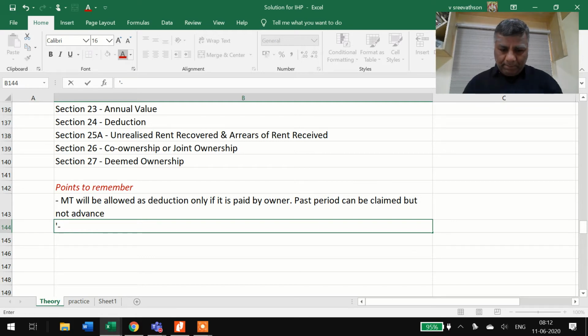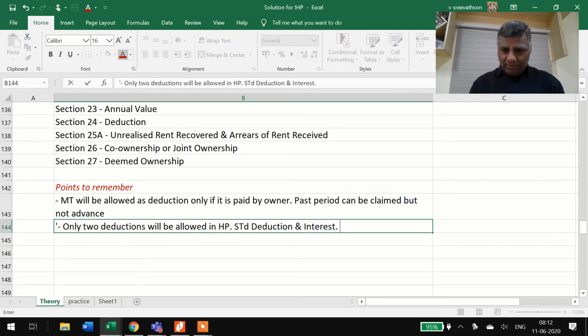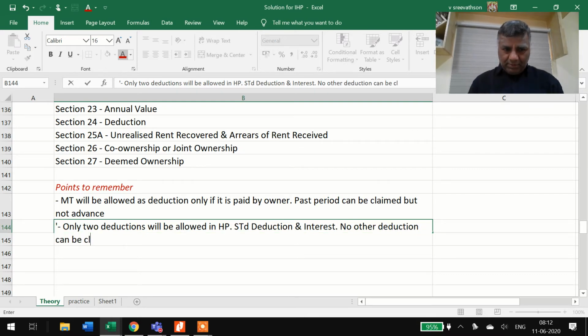Only two deductions will be allowed in house property: standard deduction and interest. No other deduction can be claimed.